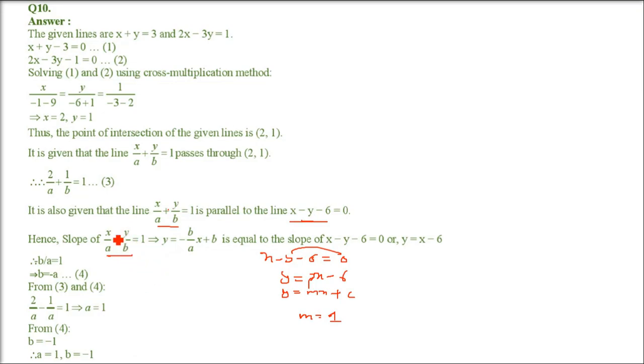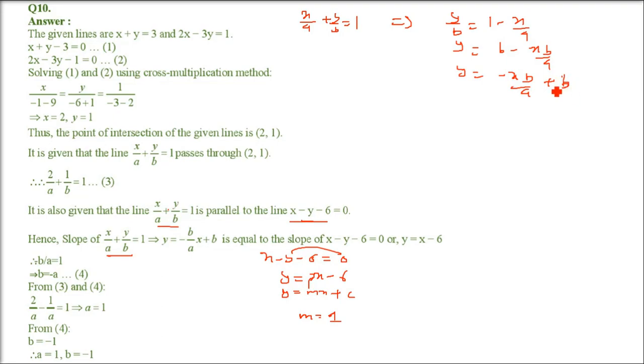If I take this equation and try to find out m from here, so let me do it here. x by a plus y by b equals 1, and I want to write it in m form. So y by b equals 1 minus x by a, y equals b minus bx by a, y equals minus x b by a plus b.